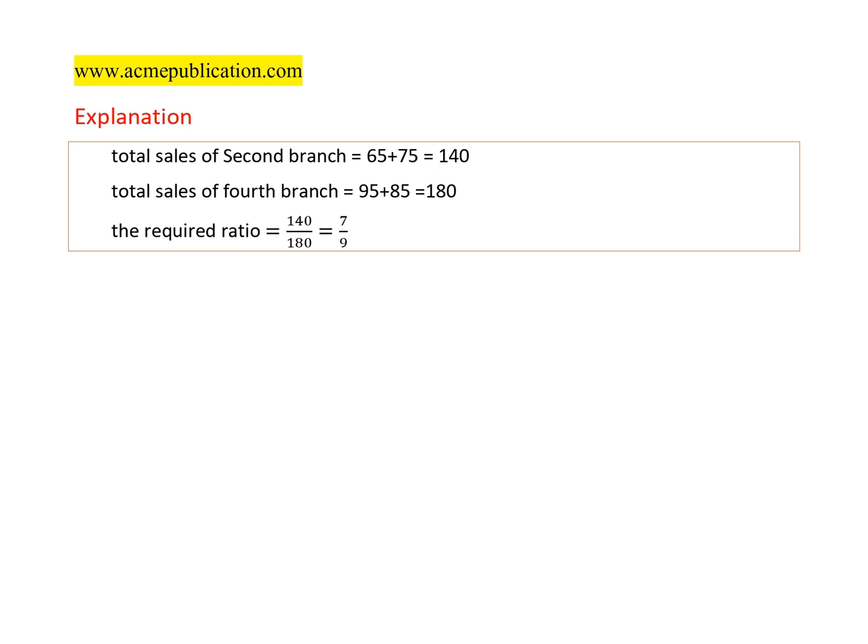According to question, after studying the chart, we know that total sales of first branch is 140 and total sales of fourth branch is 180, and their ratio will be 140 upon 180, which is equal to 7 upon 9.